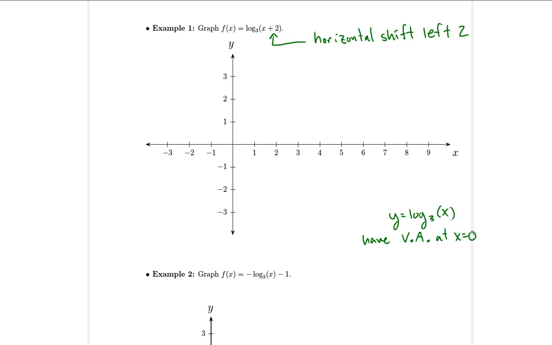But if you shift a graph left or right, then you're also going to have to shift the asymptote that much. Just like when we were doing exponentials, if we shifted the exponential up or down, we had to shift the horizontal asymptote up or down. So if I'm shifting left 2, then my asymptote is now over here. Instead of at 0, it's happening at -2 instead.